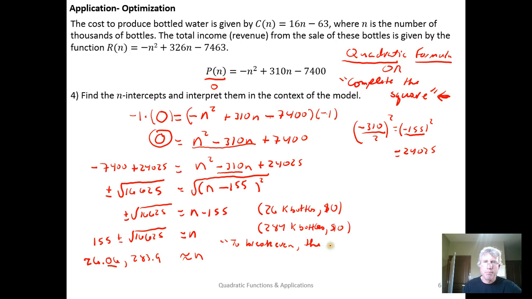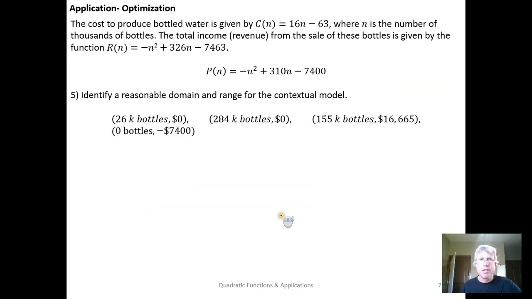The company needs to sell 26,000 or 284,000 bottles of water.